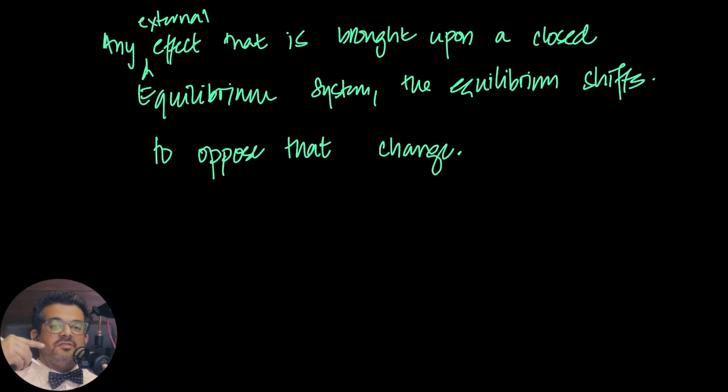If we increase the concentration of the left hand side, the equilibrium will shift to the right to decrease the concentration of the left hand side. If you increase the concentration of the right hand side, the equilibrium shifts left to decrease the concentration of the right hand side. That's the part we've done so far.